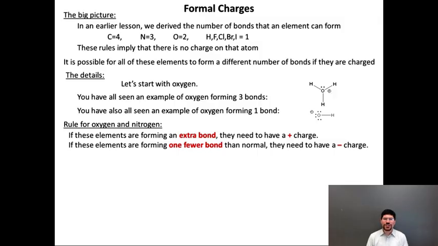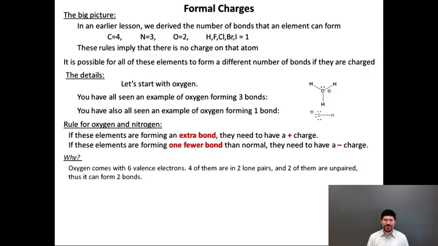If these elements are forming an extra bond, such as H3O+, oxygen forming 3 bonds, they need to have a positive charge. And if these elements are forming 1 fewer bond than normal, like in OH minus, oxygen forming 1 bond instead of 2, they need to have a negative charge.